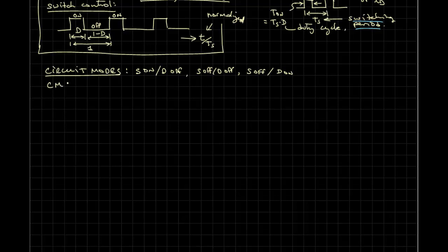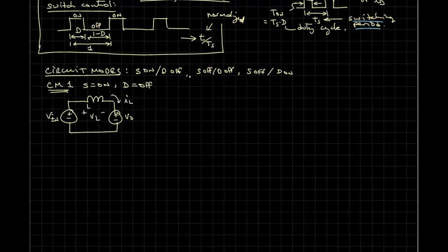So circuit mode 1, we'll say S is on, D is off. I won't even bother drawing the switch because it's a dead short. It's an ideal switch. Okay. Circuit mode 2 is going to be when S is off and D is on.